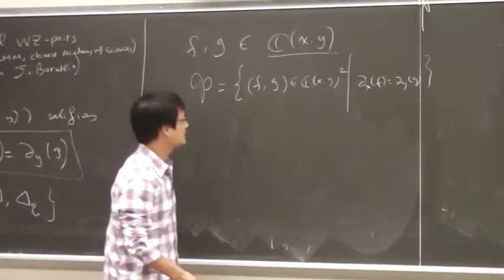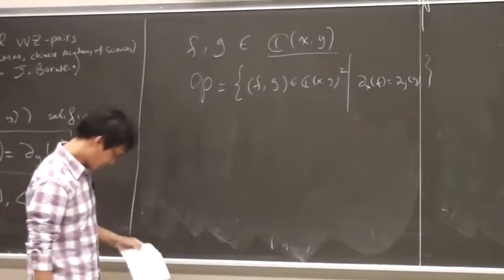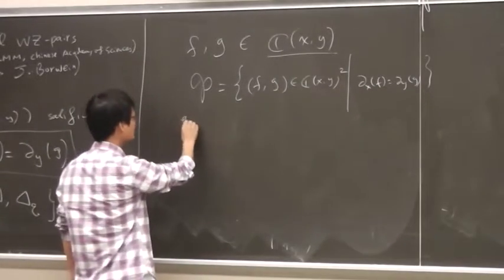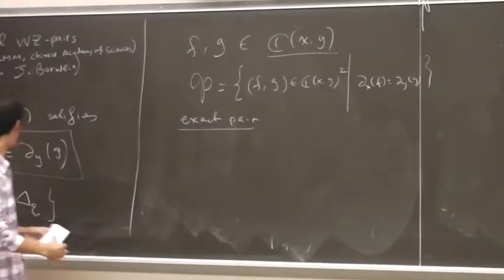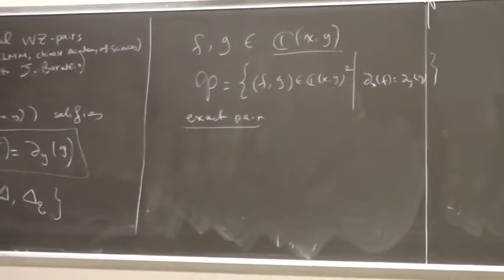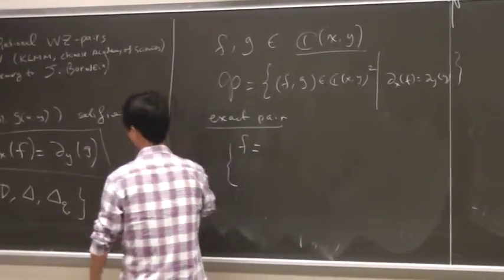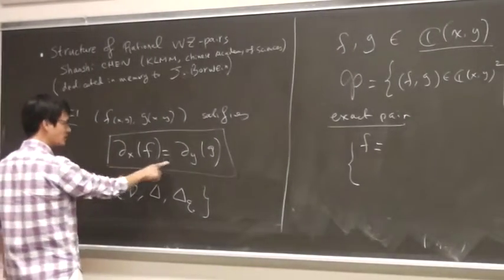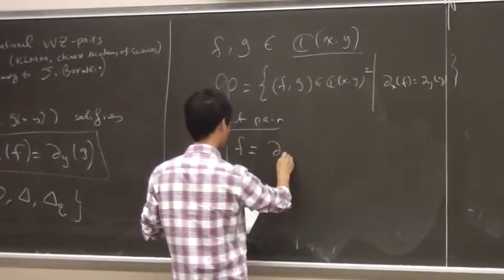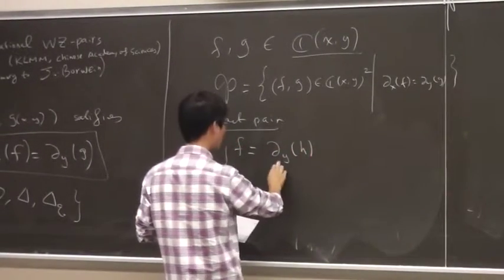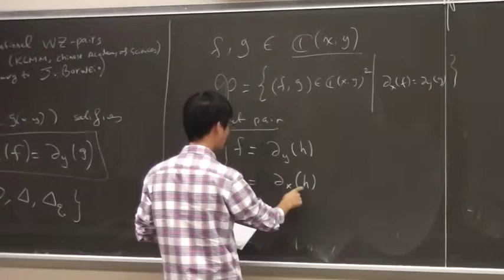Before I do this, let me write down some trivial pairs, which I call exact pairs. You can easily cook up solutions of this equation. Because in our setting partial x commutes with partial y, one easy solution is to take any rational function h, apply partial y to h, and apply partial x to h.